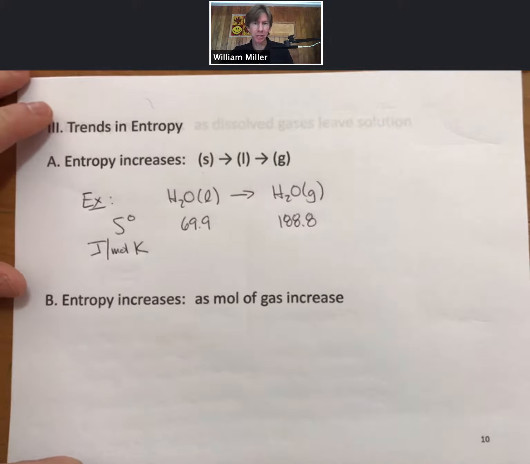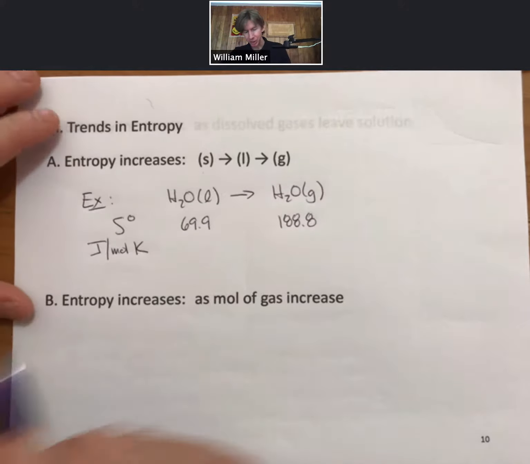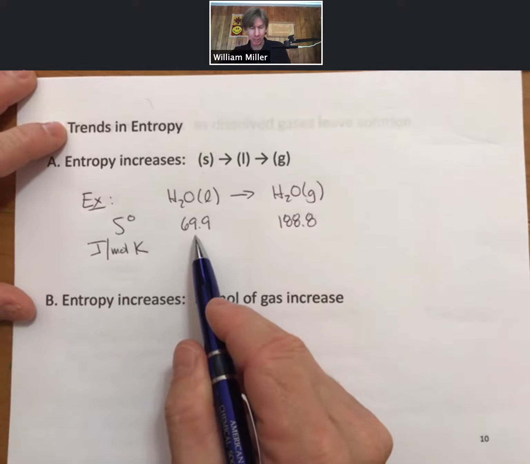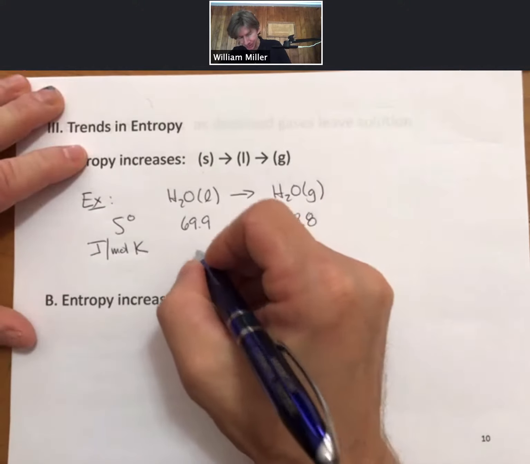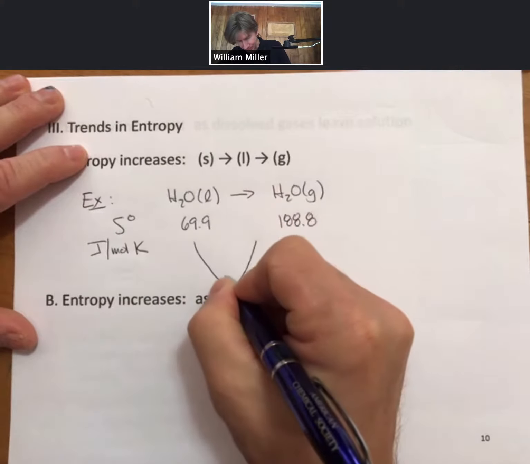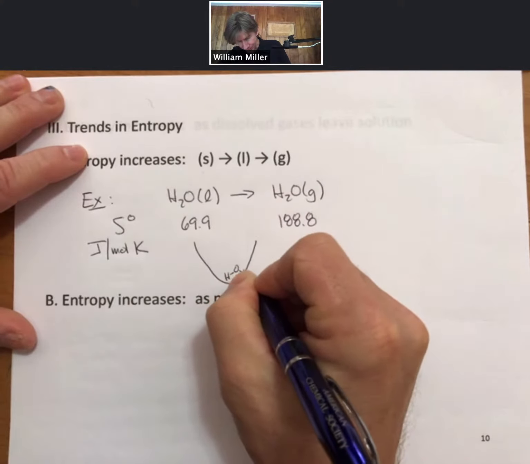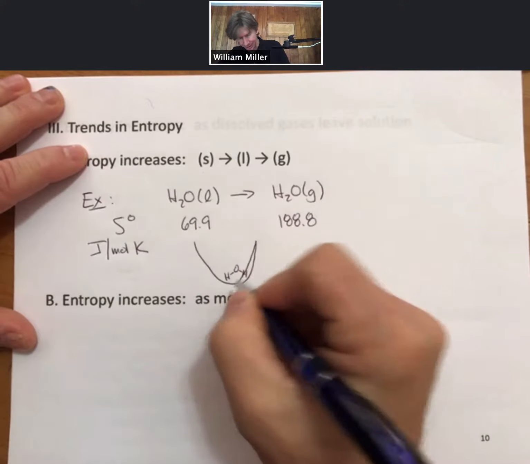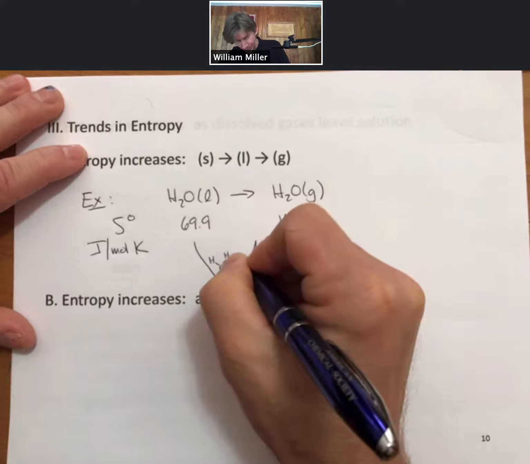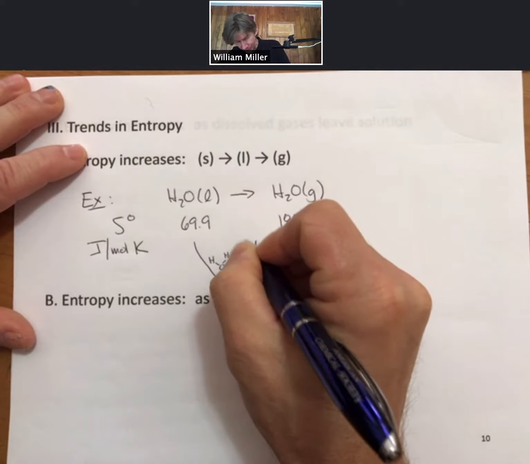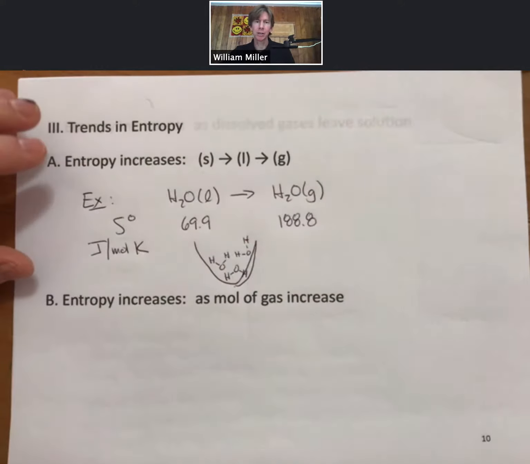So all we're trying to say is that as you go from liquid to gas, the entropy increases, the matter dispersal increases. If you're asked to draw a picture of that, you would draw liquid water molecules very close to each other.